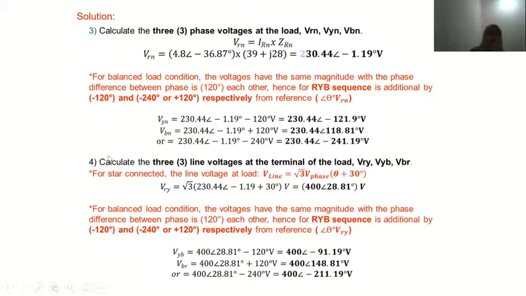The next question is to find the phase voltages at the load, which are VRN, VYN, and VBN.